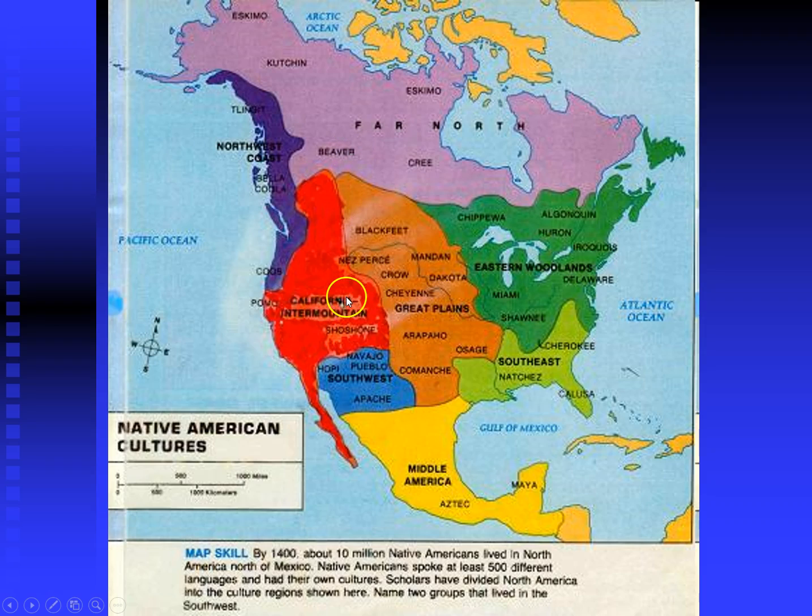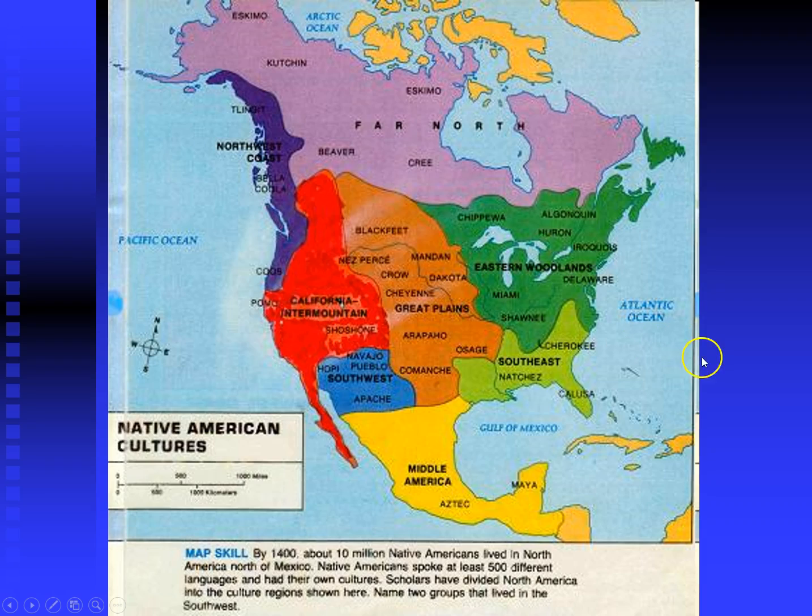Far north, the California, Pacific Northwest, the Southwest where the Apaches, the Navajo were, the vast Great Plains where hunting and gathering took place among the Dakota, Cheyenne, Arapaho, the eastern woodland Indians, the Huron, the Iroquois, Delaware, Miami Indians, and in the southeast where we're noted for the Cherokee.